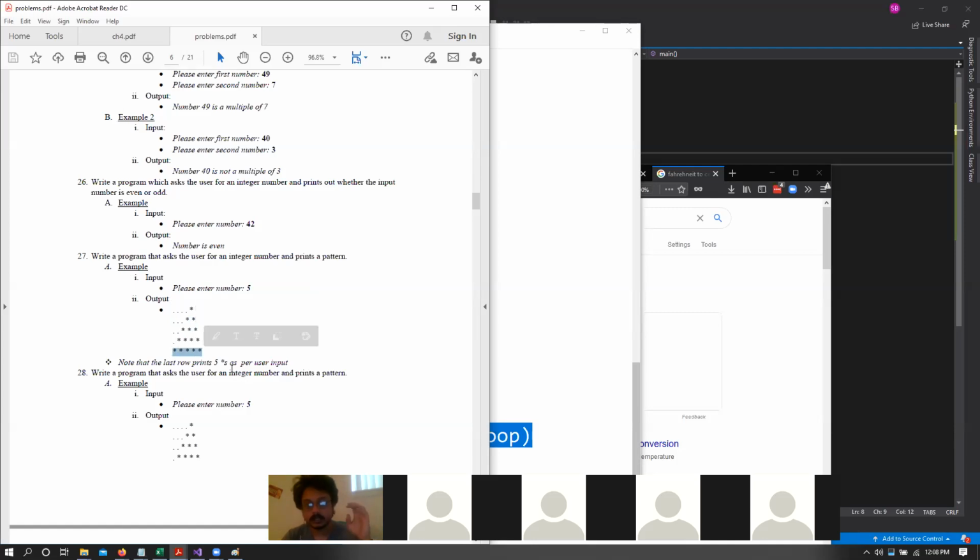So essentially, every row has 5 things printed, but every iteration you print 1 less dot and 1 more star. Right. So if you think about it, you would need some nested loops here. One loop to actually print out the dots, and one loop to actually handle printing out the stars. And you would have one external loop that does this entire thing for 5 times, or the number of times the user is going to do it.